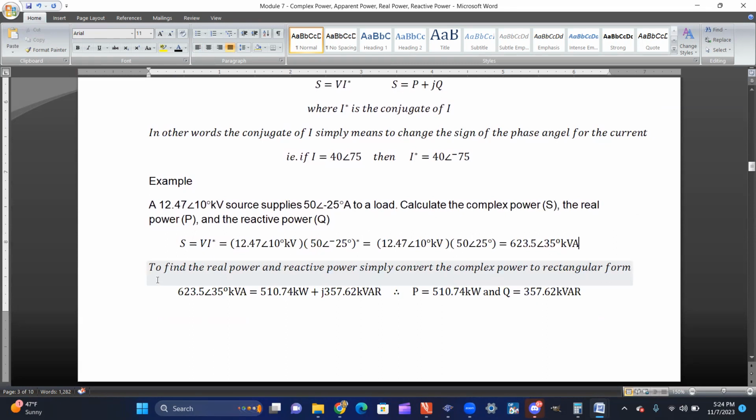All right, so to find the real and reactive power, all we have to do is convert the complex power, which is currently in polar, to rectangular. I recommend you just plug and chug into your calculator and let the calculator do the work.